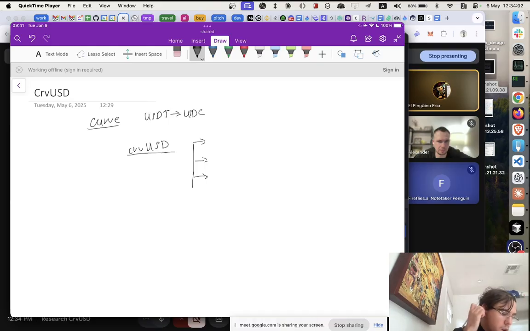One thing they have is what they call LLAMMA keepers. They are little contracts which essentially have the ability to mint this crvUSD versus USDT or USDC.